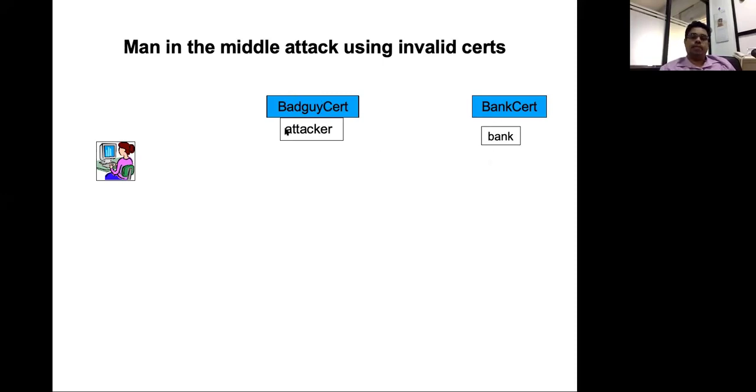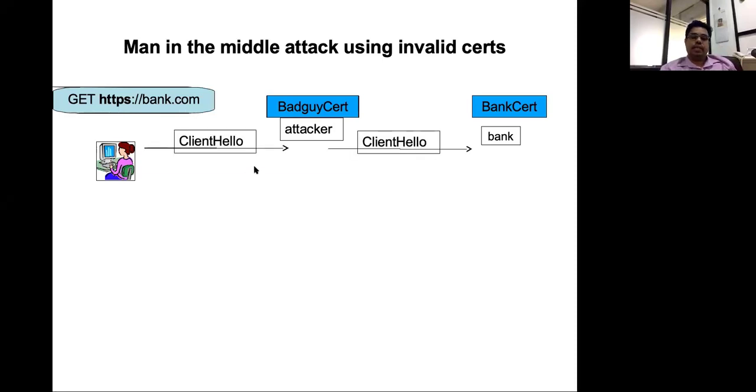So there might be an attack in the middle. What happens? First of all, you say, give me the HTTPS mybank.com web page. That request does not go directly to the bank; instead, some attacker in the middle fetches it. How does the attacker do that? The attacker can do it in various ways.